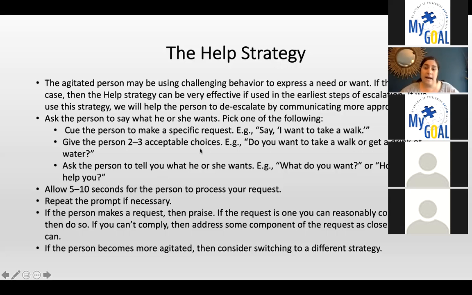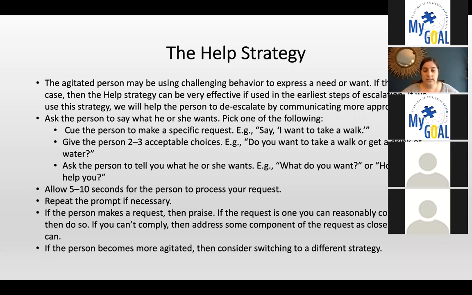We want to allow 5 to 10 seconds after we model the request for help. We want to give them the time to request, give them the time to think about what we're asking them to do, and then repeat your prompt if necessary. If you see that that truly is the situation, truly is what they need, we will prompt again, say, "I would like to take a break."